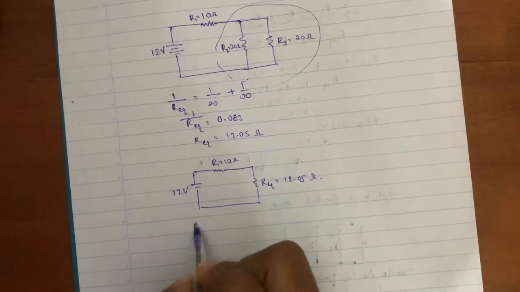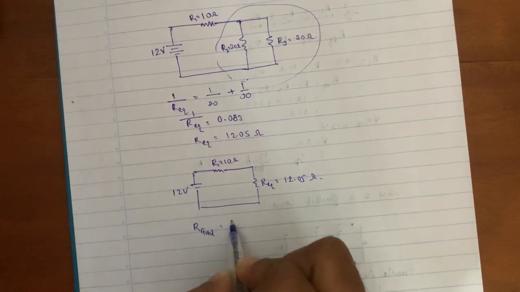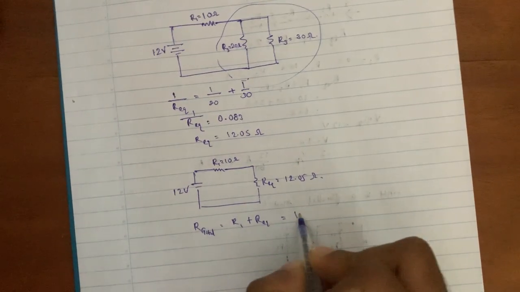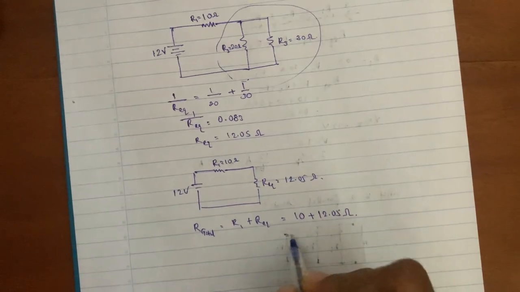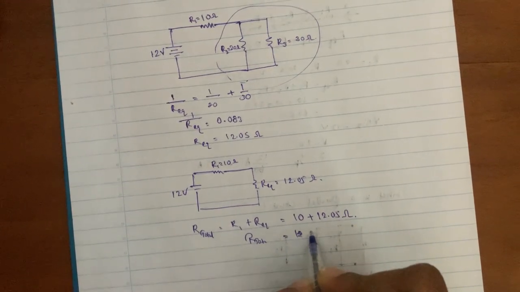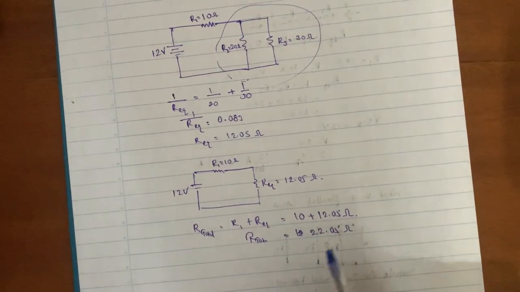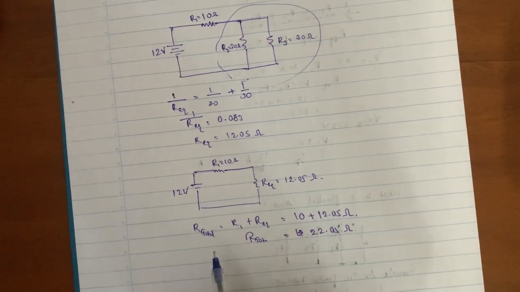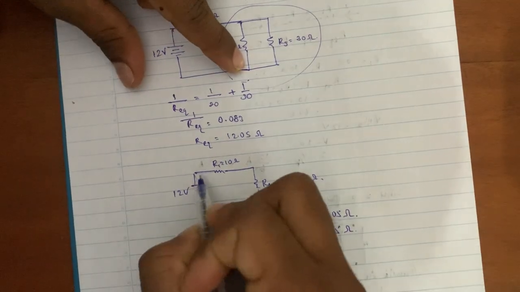Now the R total we can take as R1 plus R equivalent, that is 10 plus 12.05 ohms. That gives our total 22.05 ohms. Now you know our total resistance and voltage supply.